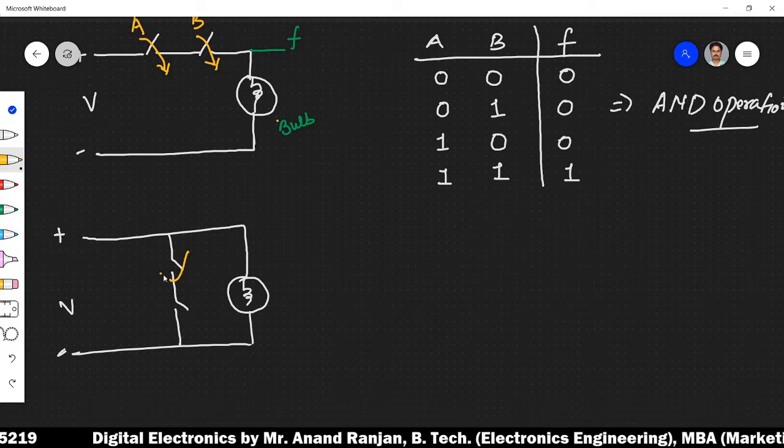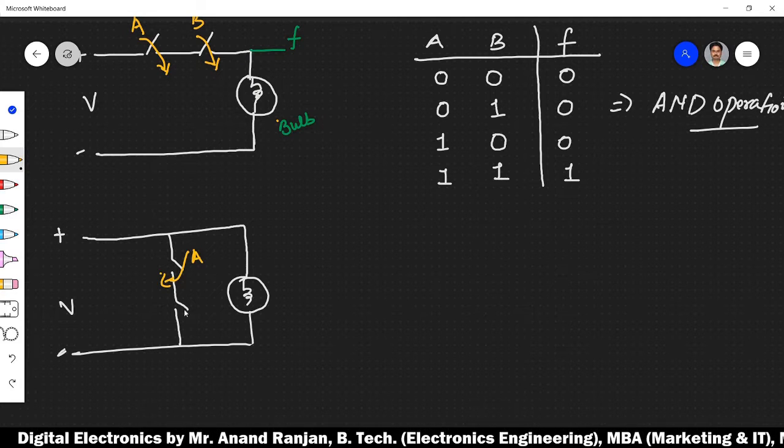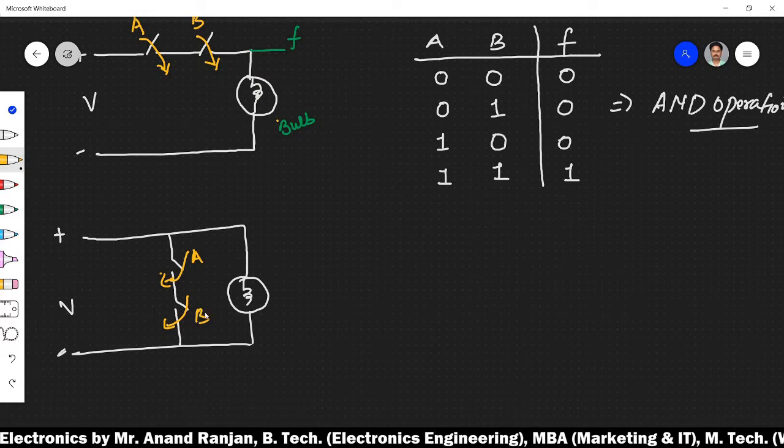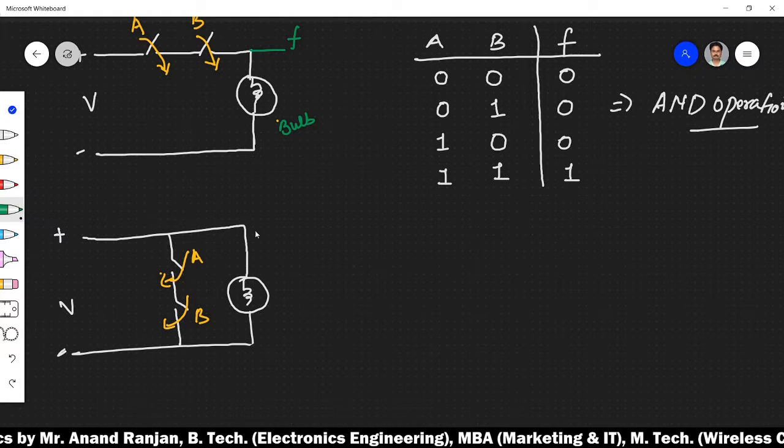This is switch A, this is switch B, and of course this is the bulb.